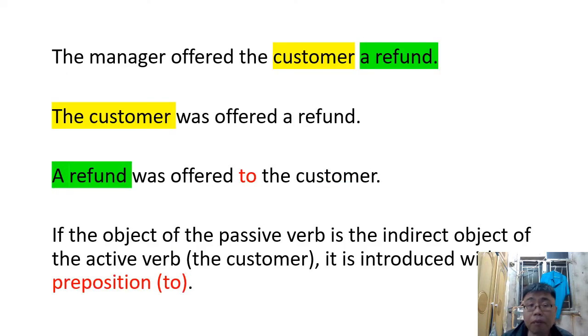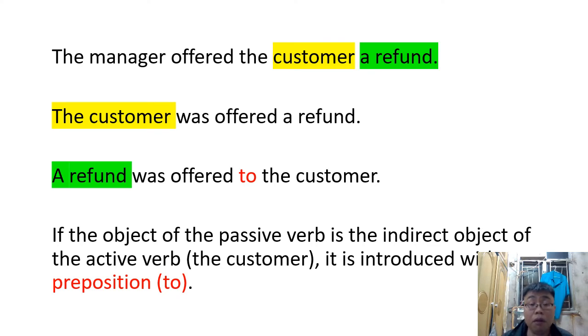Next, both direct object and indirect object can be the subject of a passive sentence. Here, the customer was offered a refund. In this passive sentence, the focus is on who received the refund.